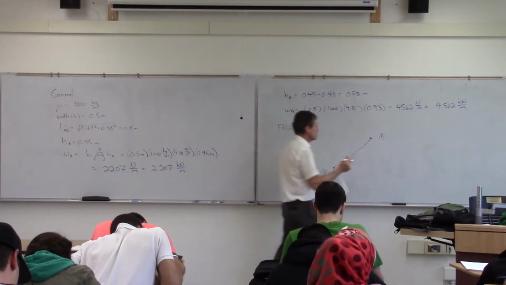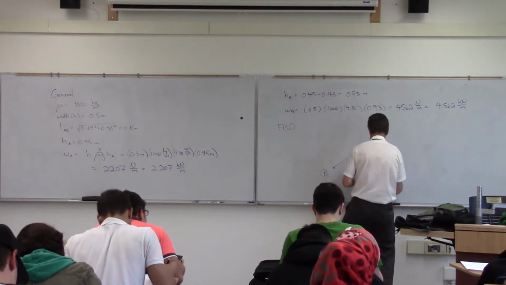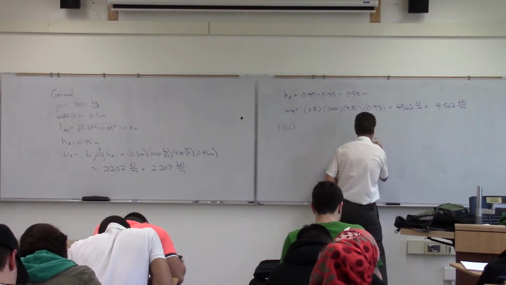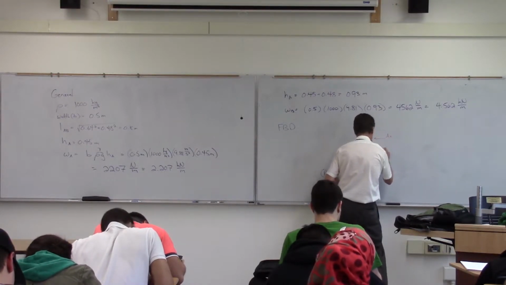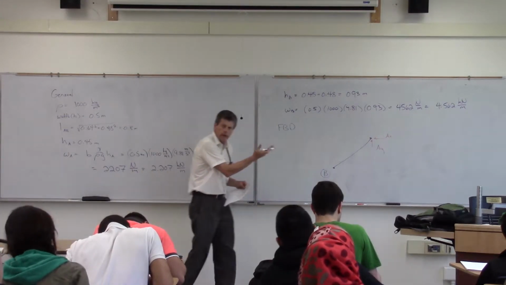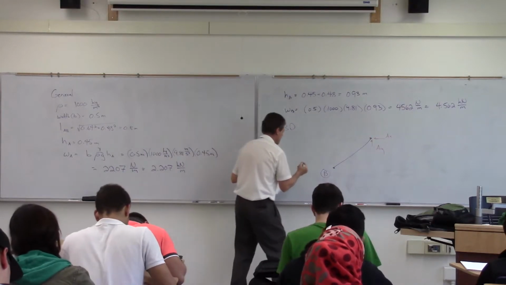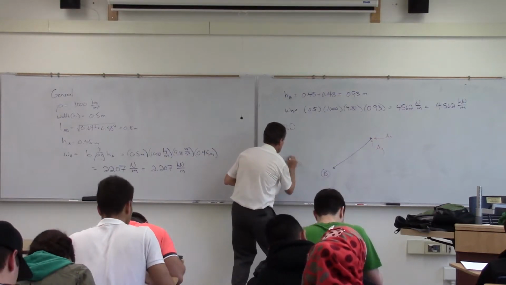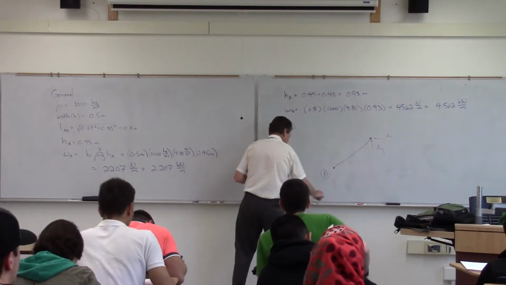Now what we're going to do is substitute in that pin force there. We've got on there A is a pin. We'll set ourselves up a coordinate system like so.